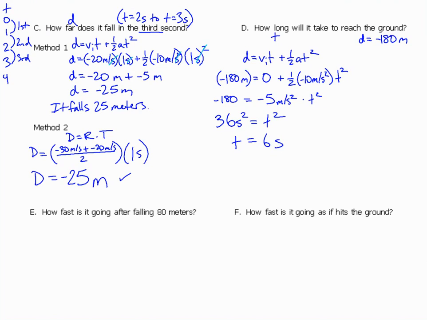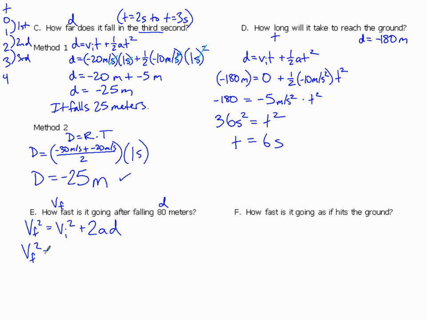How fast is it going after falling 80 meters? How fast, final velocity, and falling 80 meters is distance. So the formula that relates velocity and distance, if you look back up the page, is final velocity squared equals initial velocity squared plus twice the acceleration times the distance.